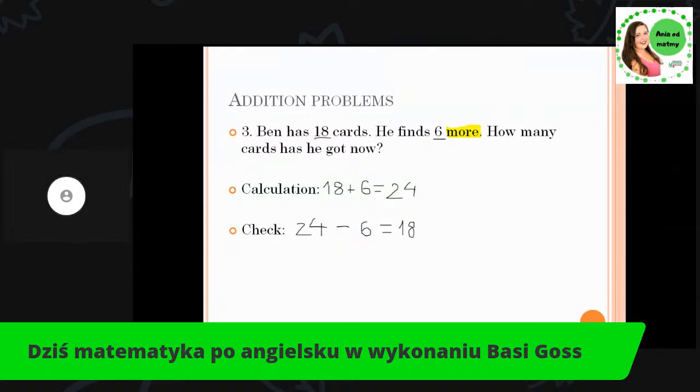I think all good comments. So what's going to be the sentence? What sentence are we going to write as our answer to this problem? How many cards has he got now?